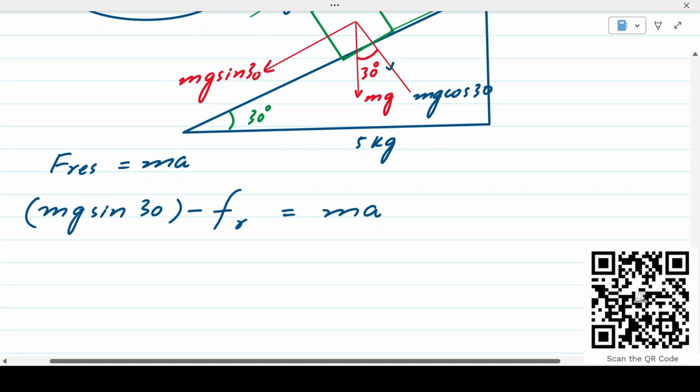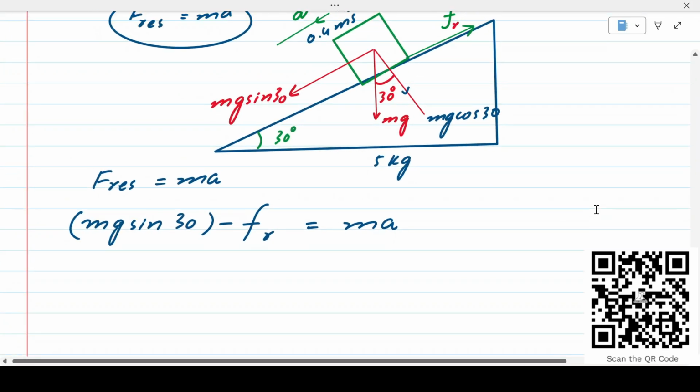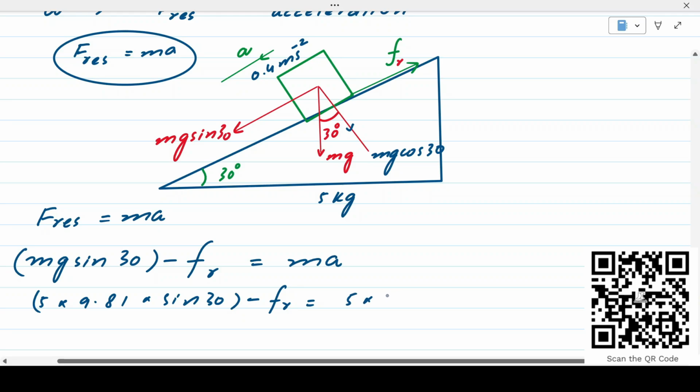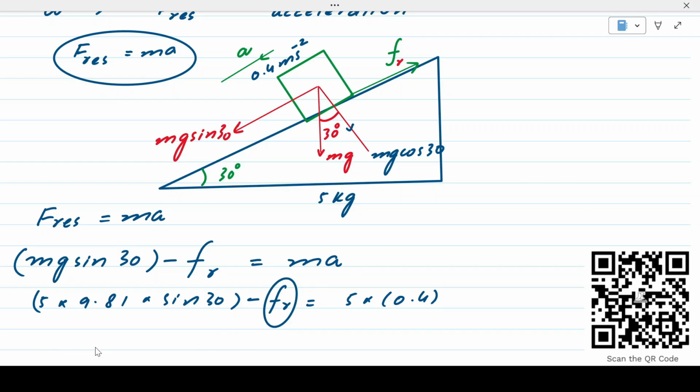You insert all the values here and you will easily get the value of the friction. So for example, 5 into 9.81 into sine 30 minus the friction equals m, which is 5, into a, which is 0.4. All you need to do is make friction the subject, and you will get the value of the friction.